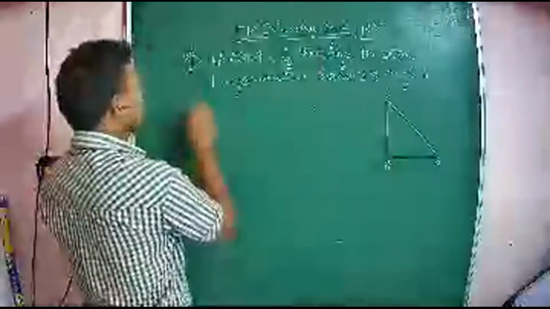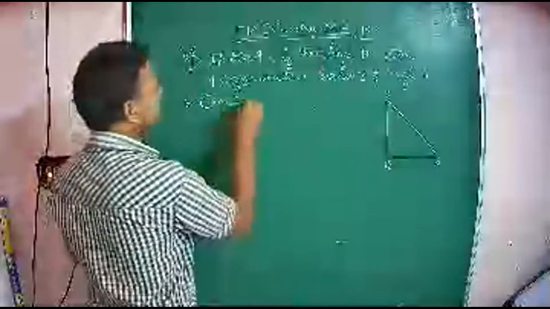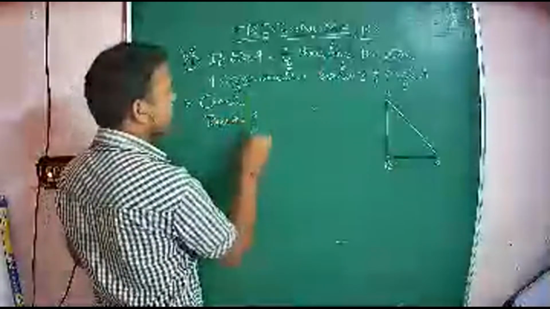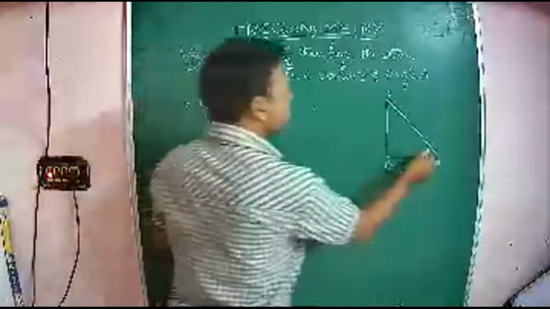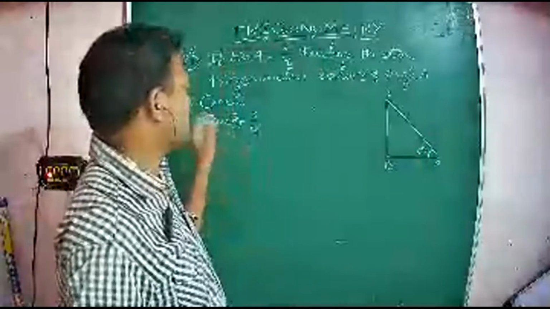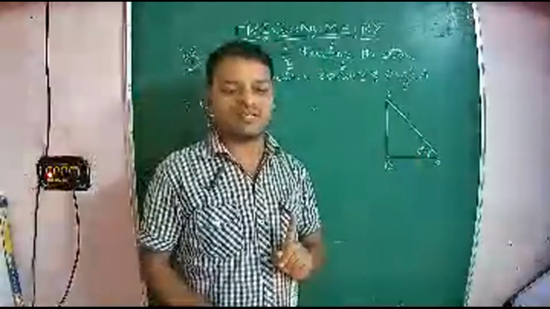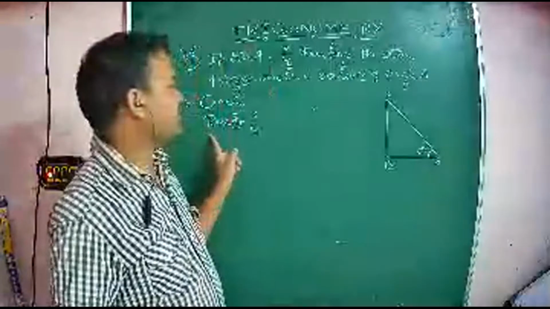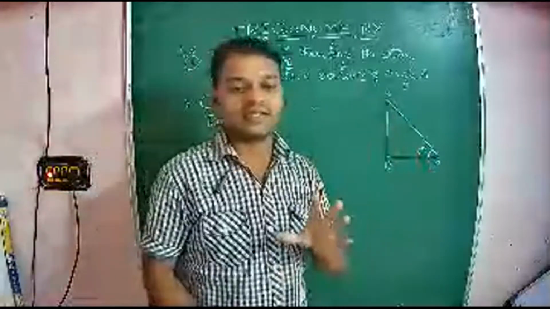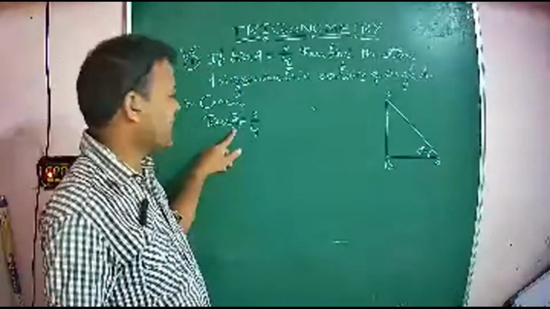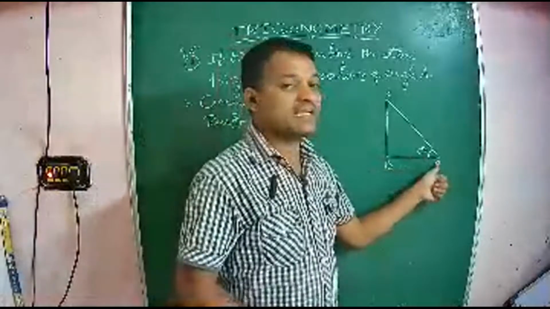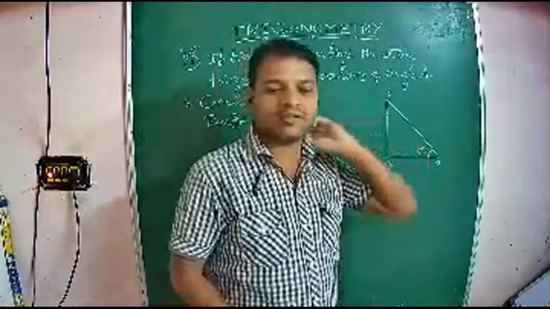According to the question, tan A is equal to 3 by 4, which means the acute angle is A. Sometimes they give tan theta equal to 3 by 4, and then you can consider the acute angle anywhere, nothing to worry. But when they particularly mention tan A, the acute angle must be at vertex A only.